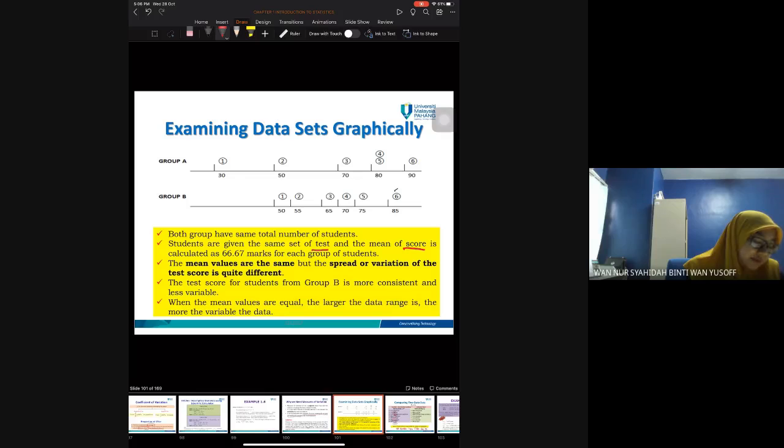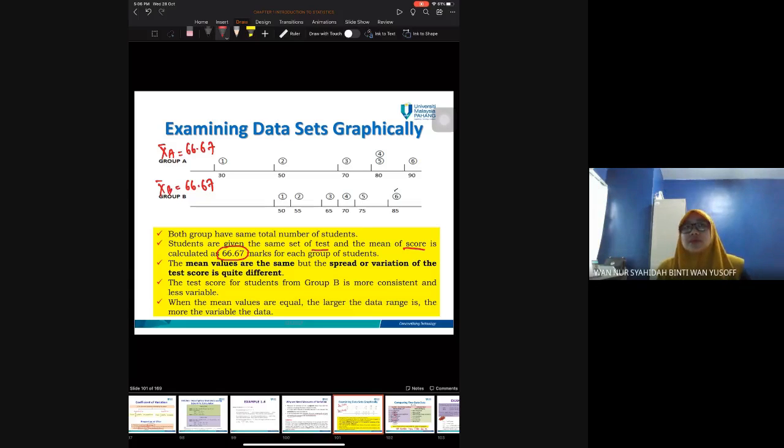When we calculate the mean, both means are equal to 66.67. So x bar for A and B are similar, which means the mean is not significant to use.